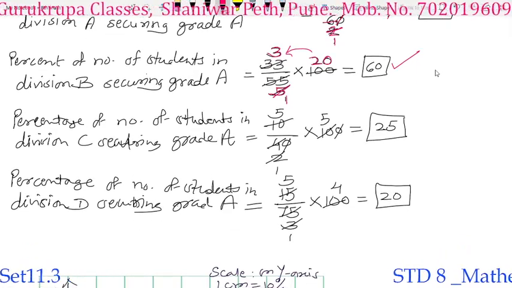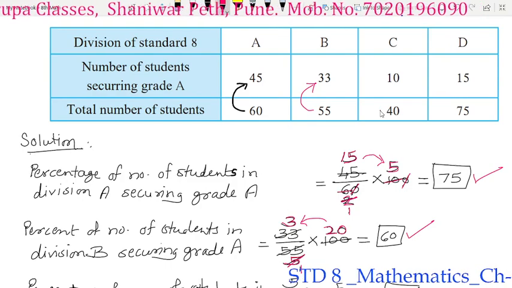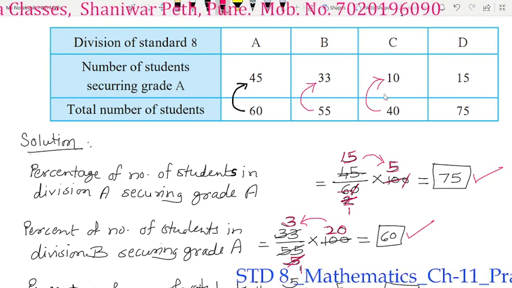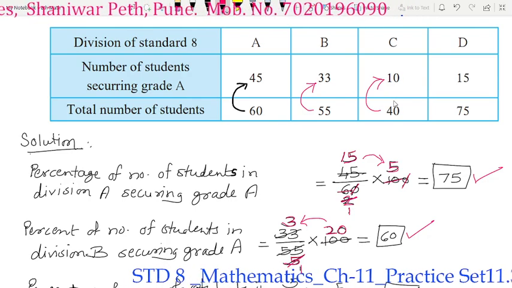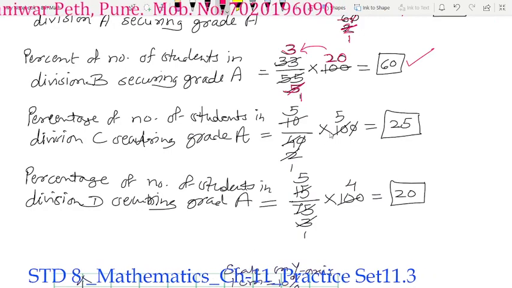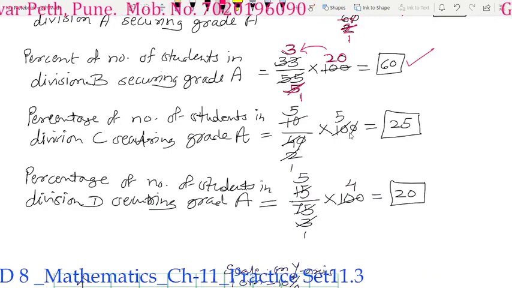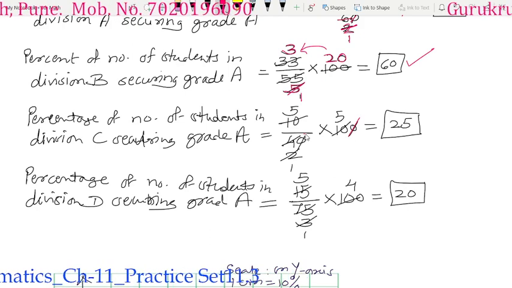Next, part C. In part C we see the total number of students is 40, out of which only 10 students got A grade. So 10 upon 40 into 100. What ratio do we get? 10 upon 40, then multiplying by 100 we get the percentage. First of all, we cancel the 0 of 100 with the 0 of 40.